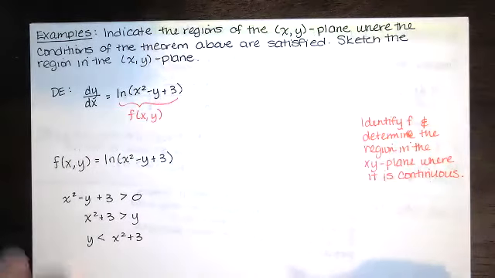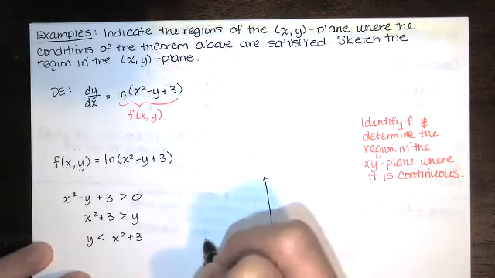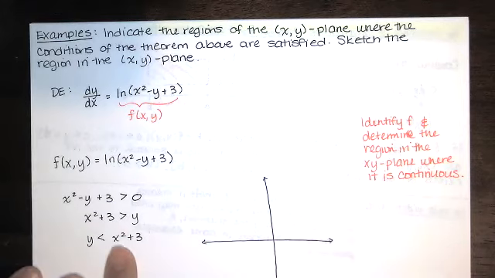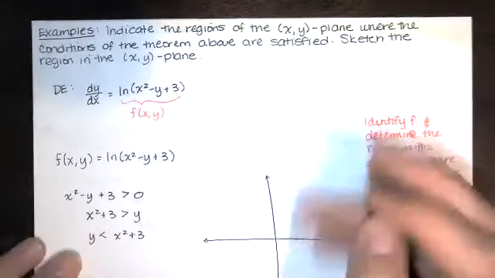So let's sketch it now. We know y equals x squared plus 3 is a parabola. It is shifted up 3 units. That's what that plus 3 does.